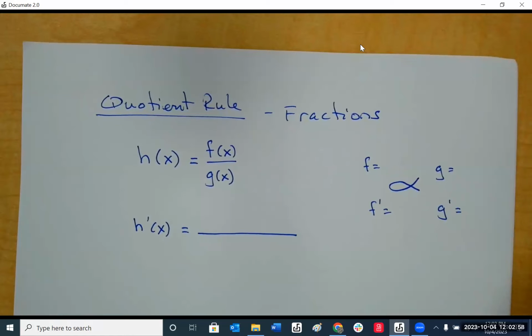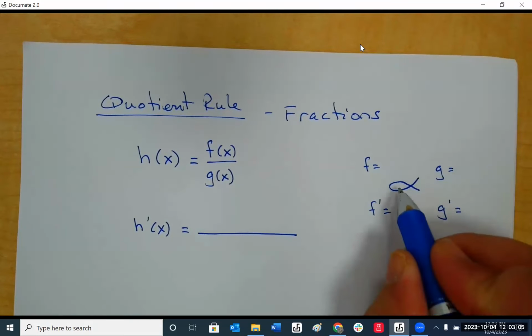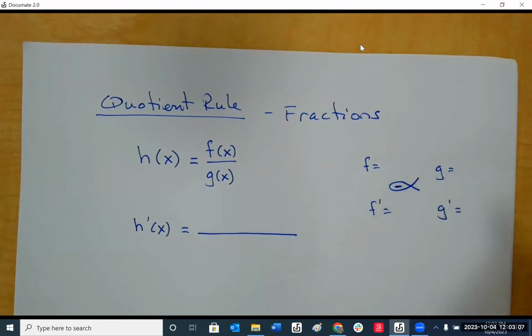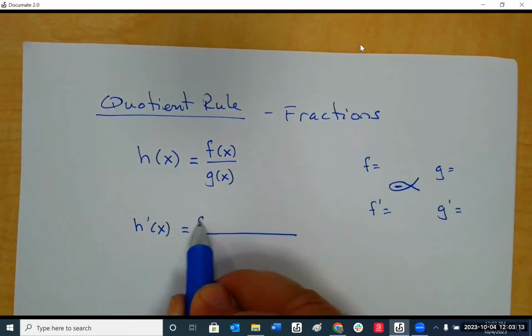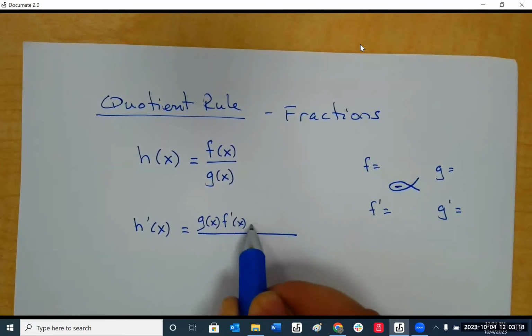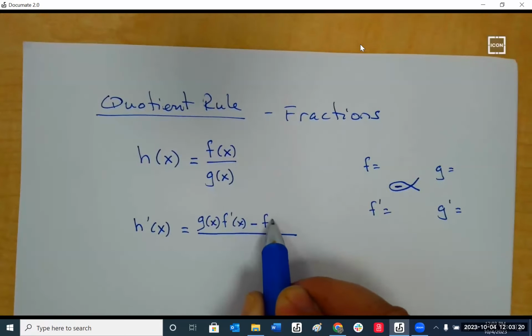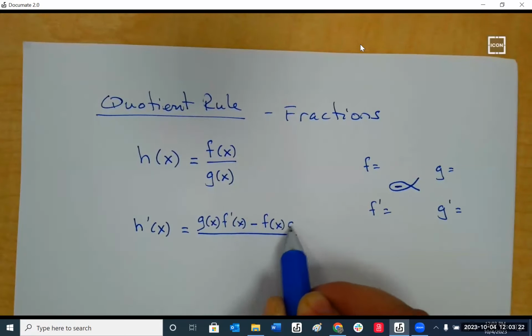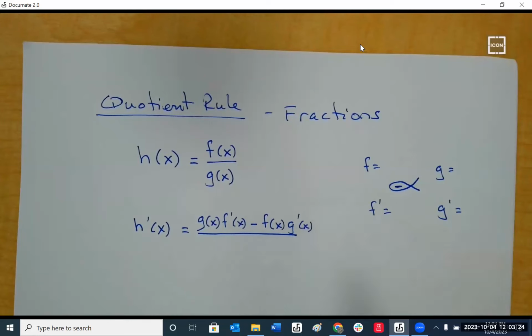But since we're dividing and dividing makes things smaller, we subtract. So it's going to be g of x times f prime of x minus f of x times g prime of x.